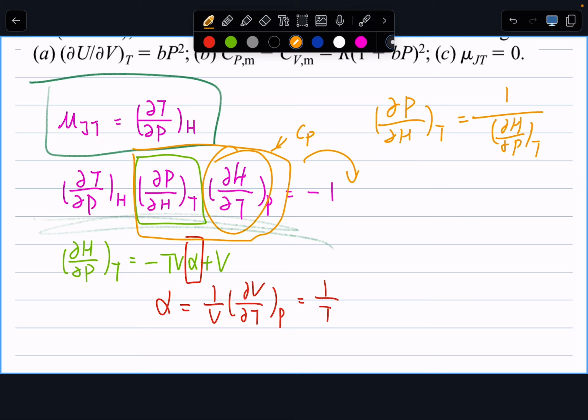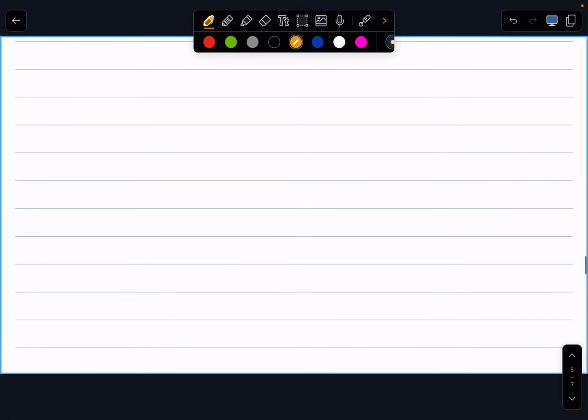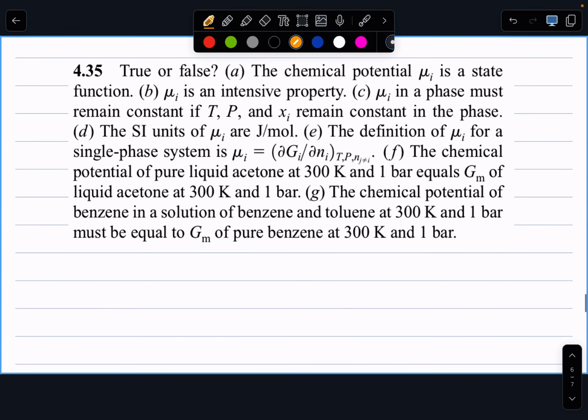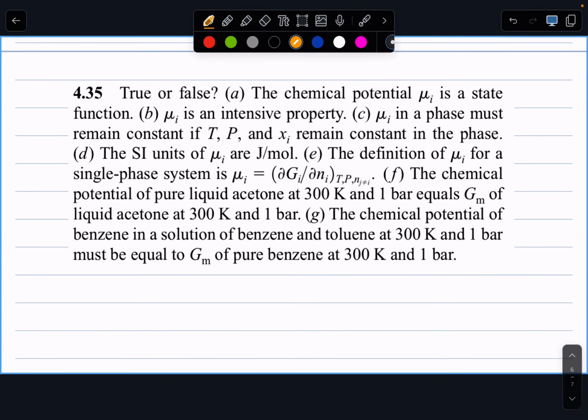I do want to go over our true and false problems before we end today on chemical potential. Am I being too ambitious in my problem setting? Nevertheless, so here it's chemical potential, true and false problems. I'm going to write my definition for chemical potential again. So we have mu I alpha, that's for species I in phase alpha.